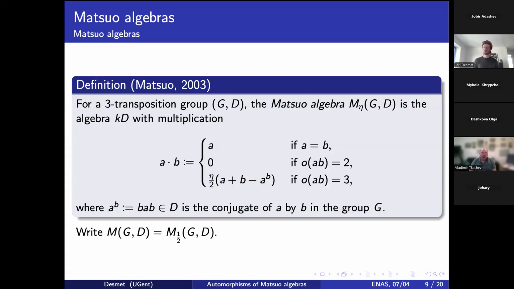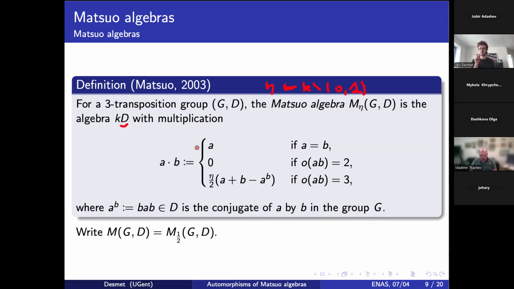Okay, we finally come to the definition of a Matsuo algebra. I'm sorry that it's taken this long. Whenever I have a 3-transposition group, and I take eta, which I have not written on the slide, in the field without 0 and 1, then the Matsuo algebra is an algebra with basis D as a vector space.